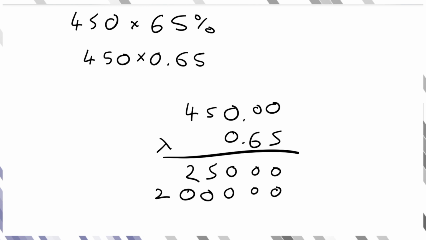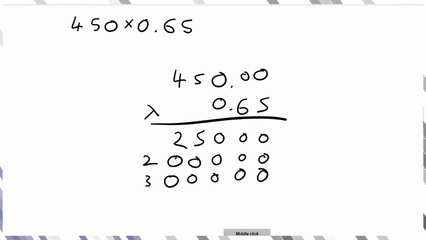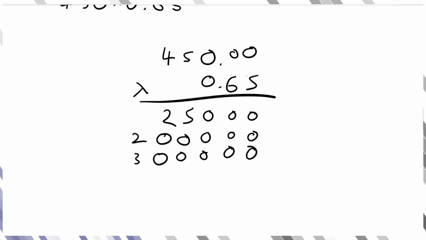And then 60 times 5,000: 6 5s are 30, and then we need 1, 2, 3, 4 zeros, and then 60 times 40, well 6 fours are 24, so we need a 24, and then 1, 2, 3, 4, 5 zeros.